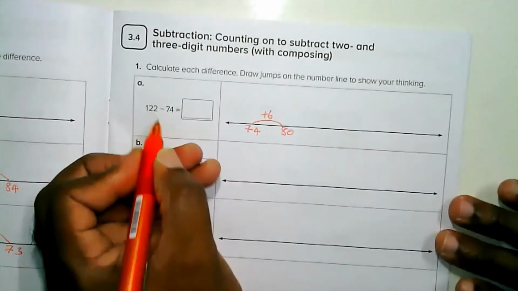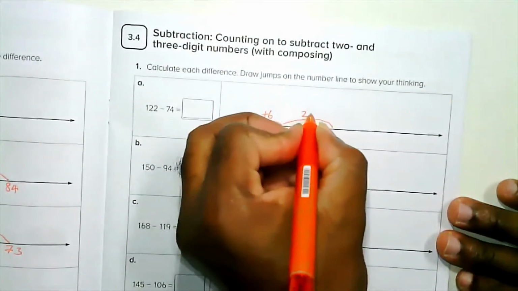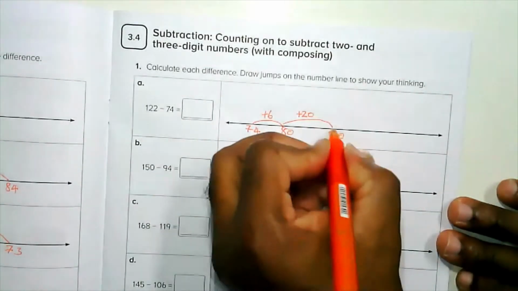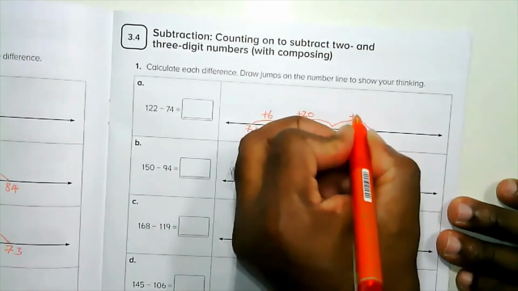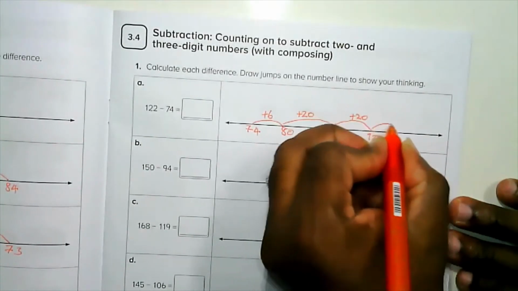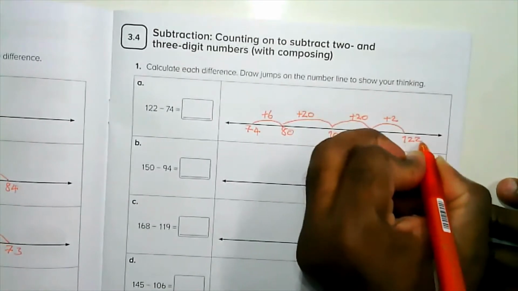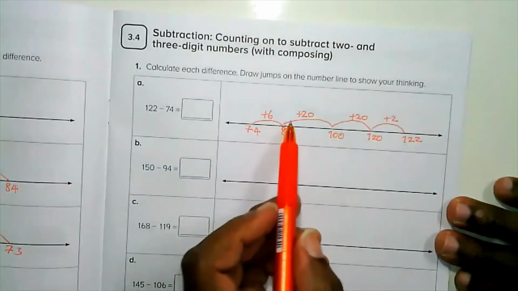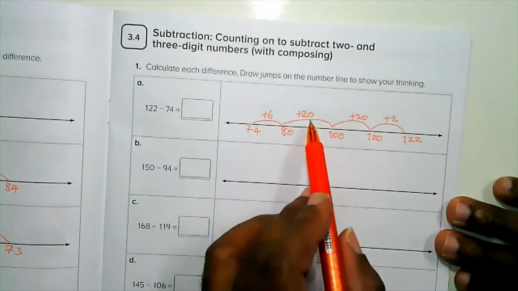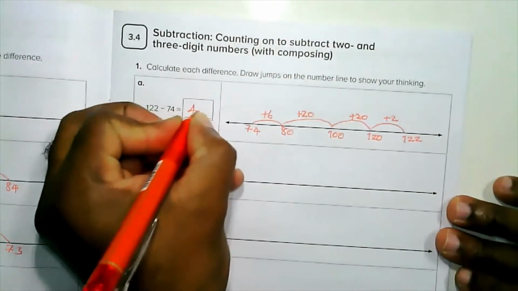We are looking for 122, so to 100 will be plus 20. Then another plus 20 will be 120. Then plus 2 will be 122. So 6 plus 20 plus 20 plus 2 will be 48.